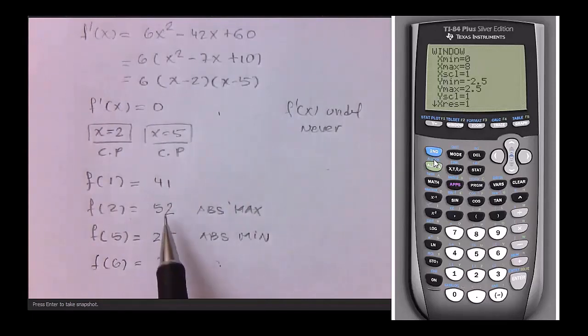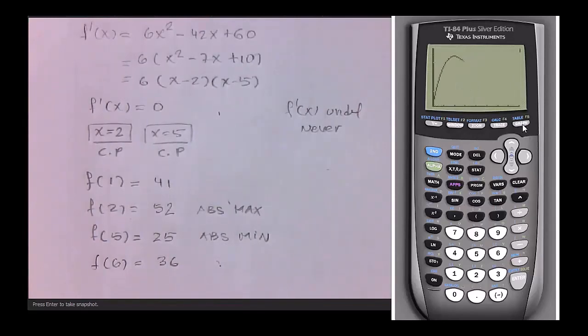And the minimum value for y I could say 0, and the maximum probably, let's say 60, and then the graph. Okay, and we see what's going on.